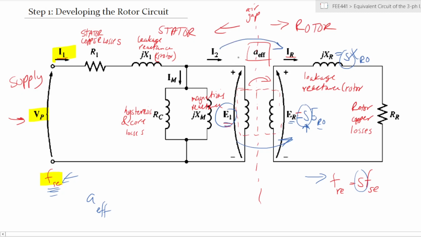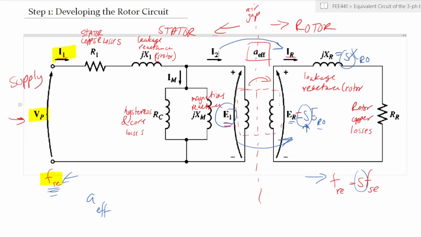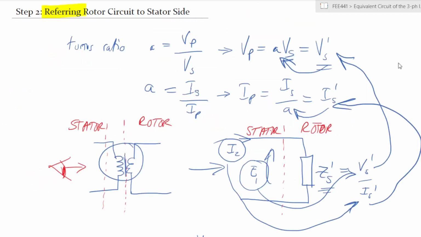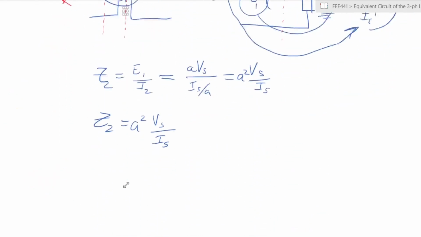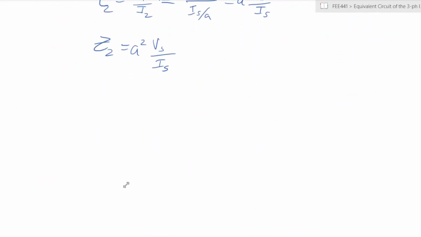Remember, these are the ratios of primary to secondary and primary to secondary, okay? So let's see how that plays out. Continuing on this, okay? So now, E1, which we had seen before, is related, based on those ones, by an effective turns ratio into ER0, okay?